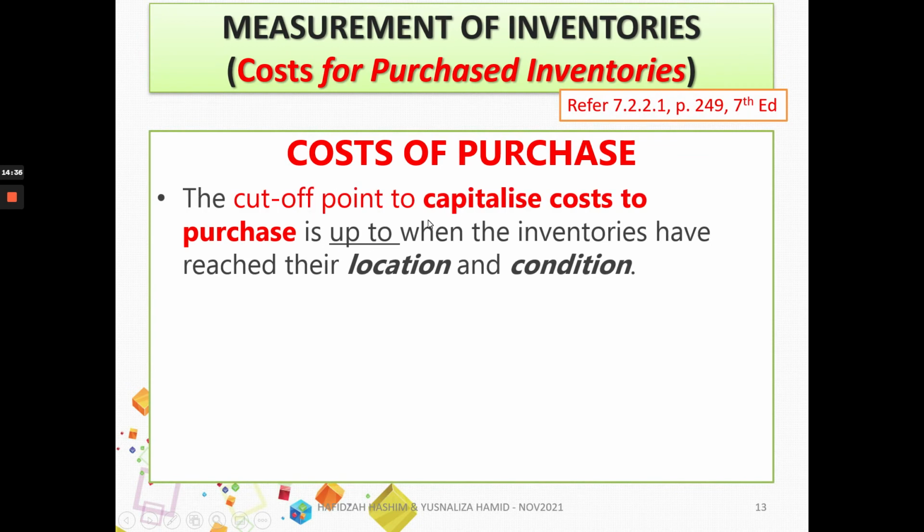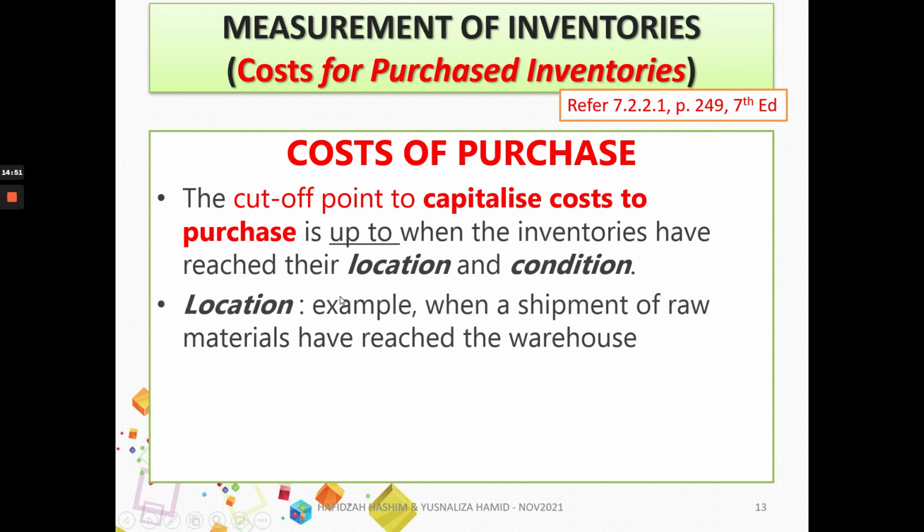The cutoff point to capitalize, or to include that as part of the cost of the inventories, is up to where the inventories have reached their intended location and condition.